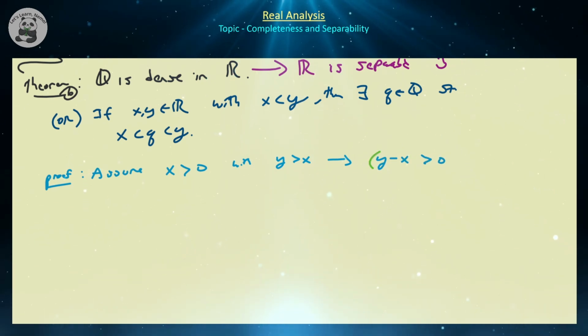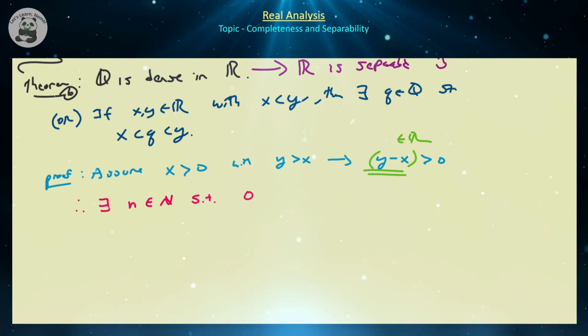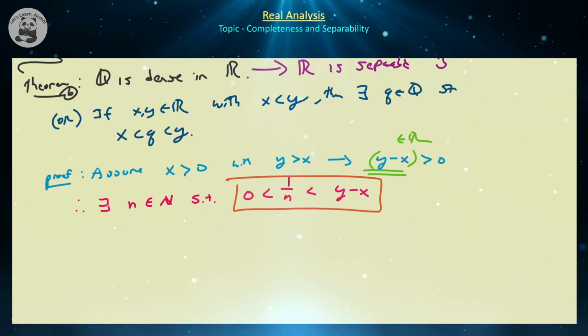So we have a positive real number. By one of those theorems I mentioned earlier, there exists a natural number, n, let's call it, such that 0 is less than 1 over n is less than that real number.